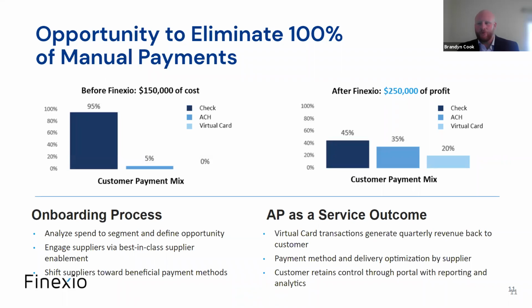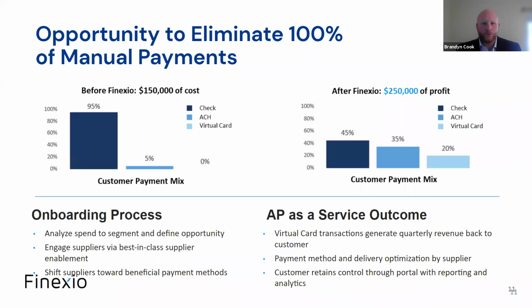Additionally, this is a little bit off subject here, but it's key to what we do as a business. And when you're looking at the industry, we're seeing customers that are experiencing an environment where they're spending 6 figures plus just to run their payments, where working with Finexio can really leverage hundreds of thousands of dollars in savings by eliminating all your paper-based payments and additionally generating revenue share.